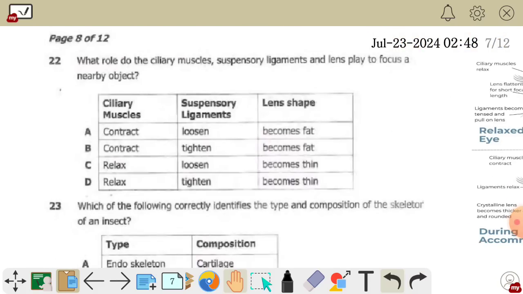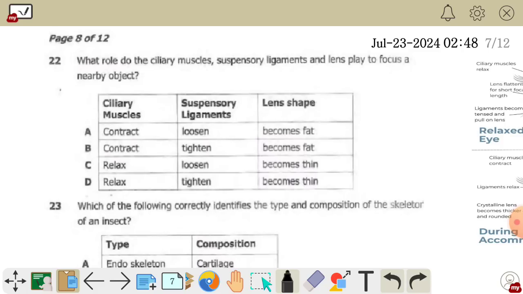So question 22 reads, which role do the ciliary muscle, suspensory ligaments, and lens play to focus a nearby object? So the ciliary muscle, when focusing nearby objects, is going to contract.